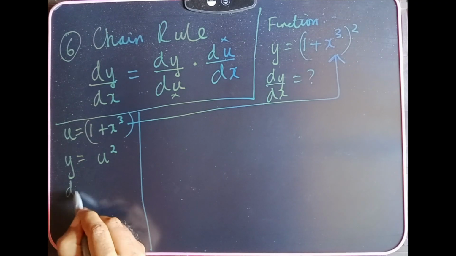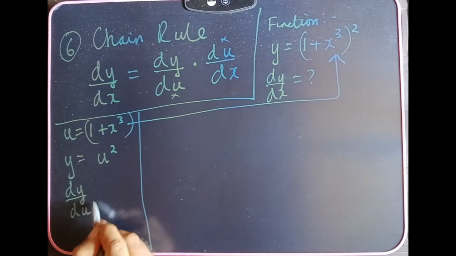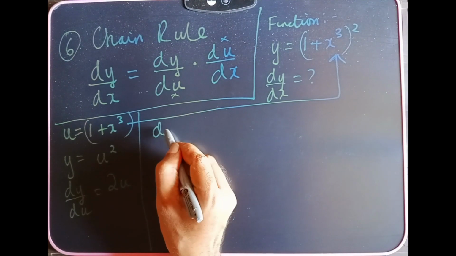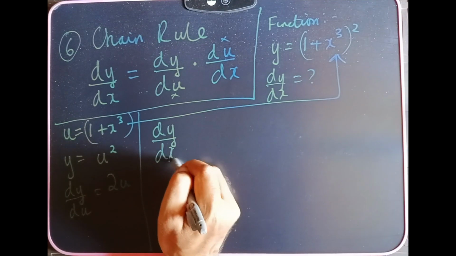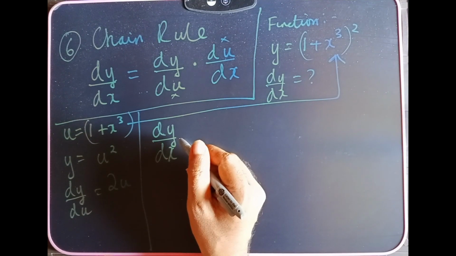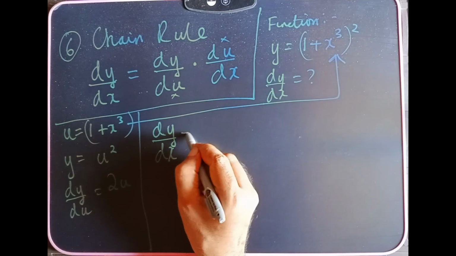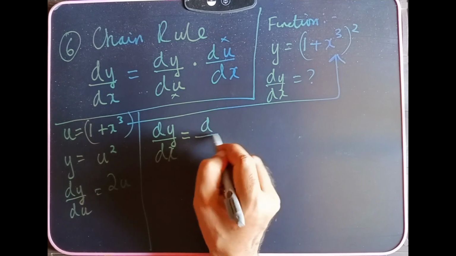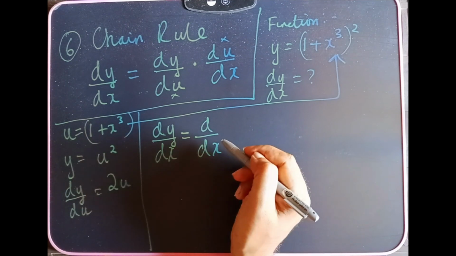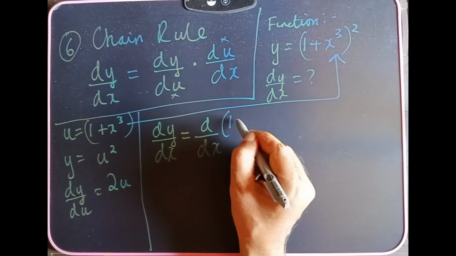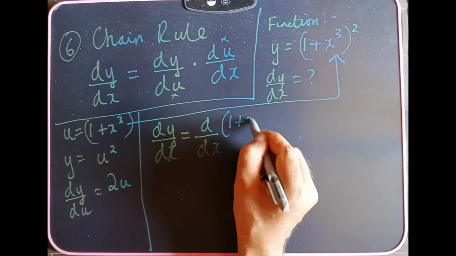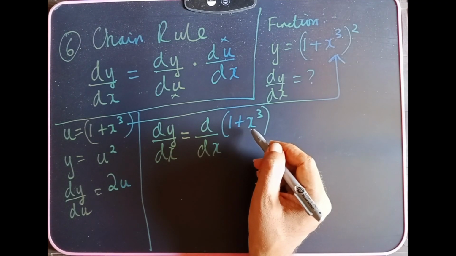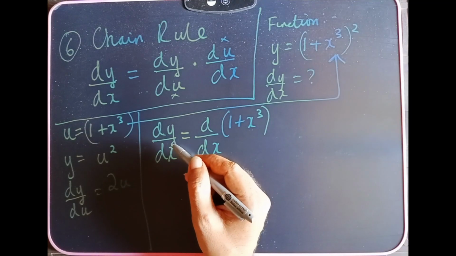Now dy by du will become equal to 2u. Now what will be dy by dx then?